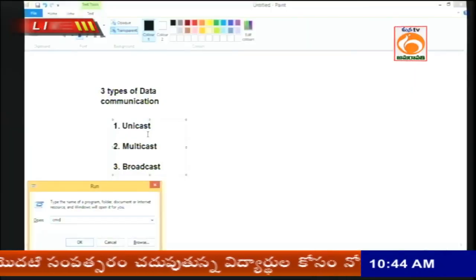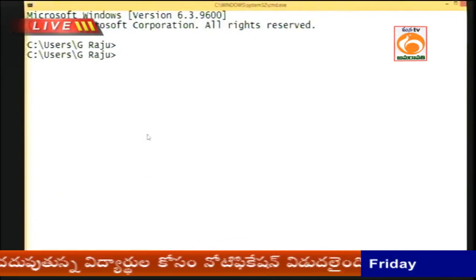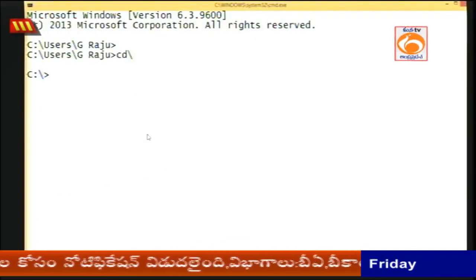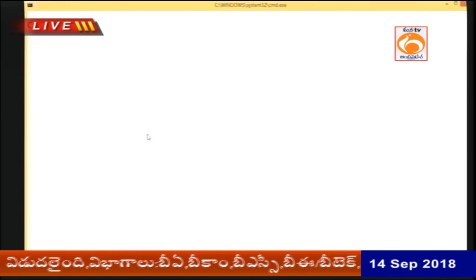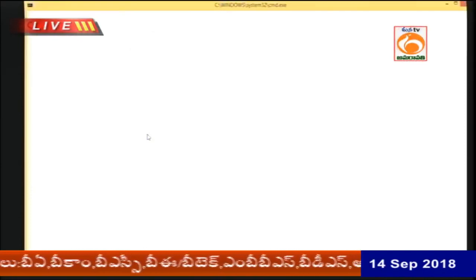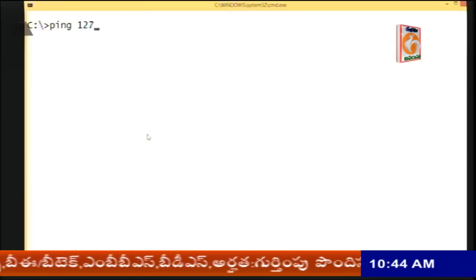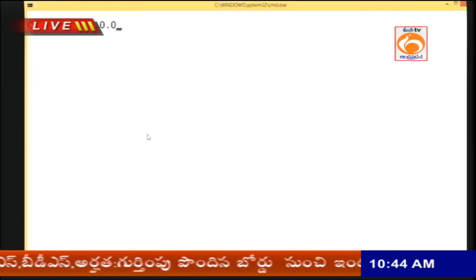Basically, it is to check on your computer whether it has the TCP/IP protocol or not. If it has the TCP/IP protocol, then it would respond that there is a reply coming from the loopback IP address. So let's check whether this computer has the protocol or not. On this computer, I am using the command ping space 127.0.0.1.